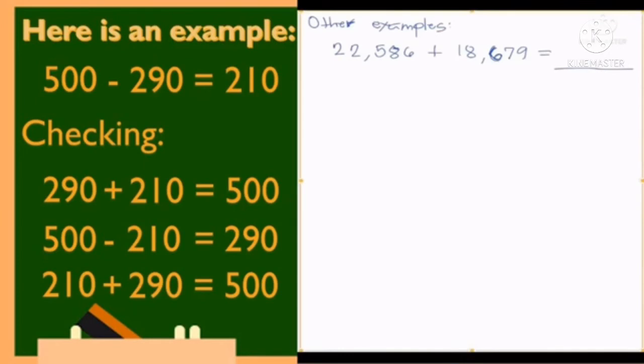So what is 22,586 plus 18,679? For you to answer that, of course, we need to align them first. Am I right? Yes.